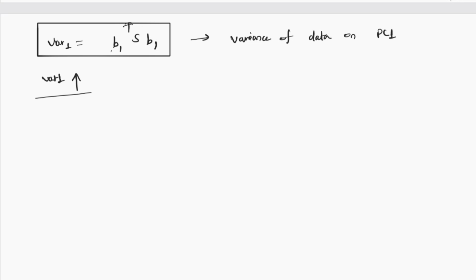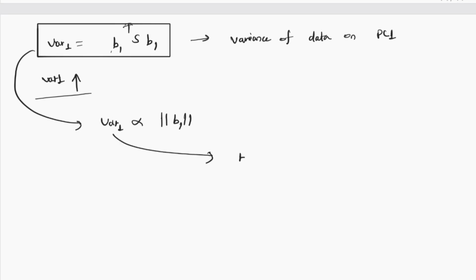And now if you see this equation carefully, you will find that this variance 1 is directly proportional to the magnitude of B1. So as you increase the magnitude of B1, the variance 1 will also increase. And this suggests that if you make the magnitude of B1 infinity, then the variance 1 will be highest.